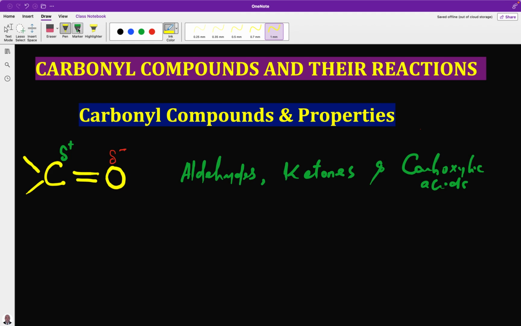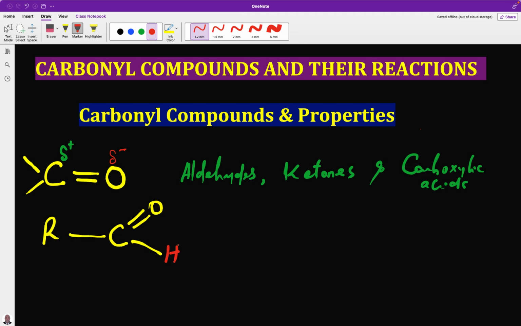We will have a hydrogen attached to it. That is for aldehydes.